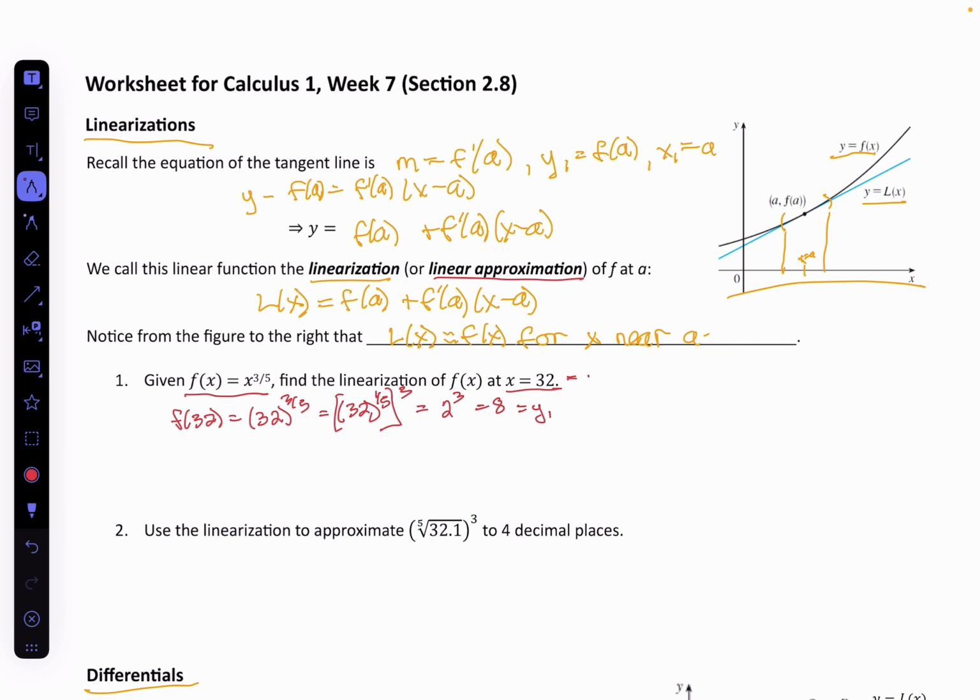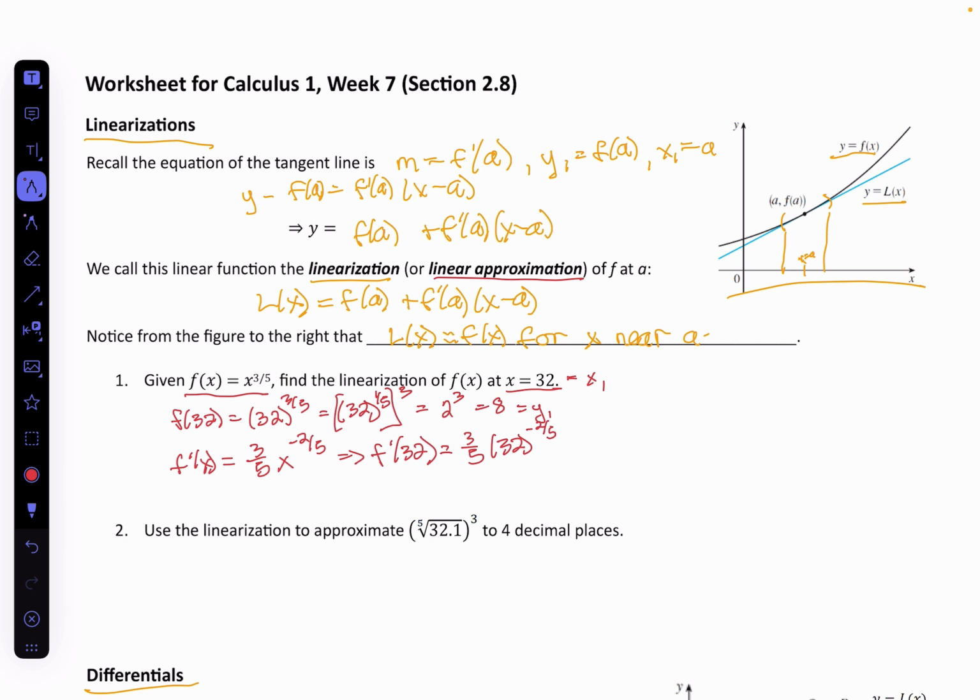We also have our x1 value, and we need our slope, so we're going to have to find the derivative of f. We will use the power rule here, bring down the power 3/5 and subtract 1 from the power. We're going to get a negative 2/5. So then that will give us f prime of 32 being 3/5 times 32 to the negative 2/5.